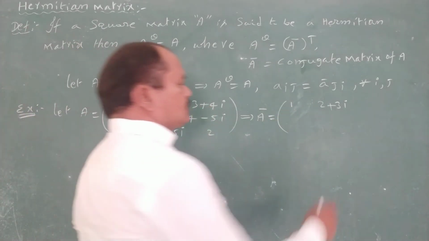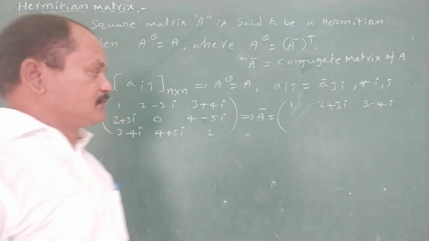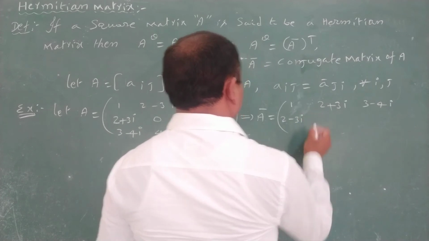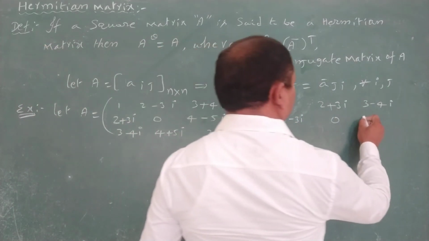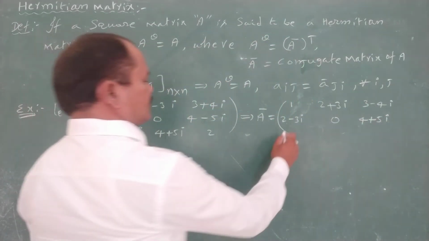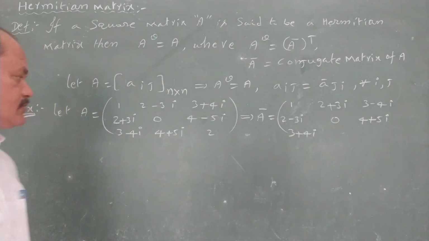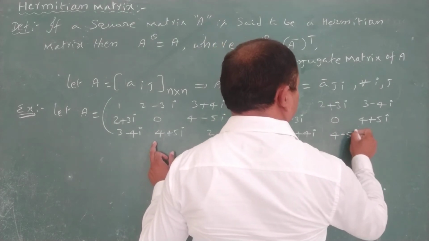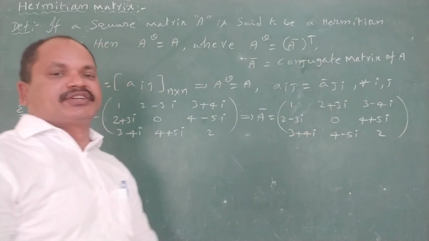Here it is 3 minus 4i, here it is 2 minus 3i, here it is 0, here it is 4 plus 5i, here it is 3 plus 4i, and since we have to write the conjugates, here it is 4 minus 5i, here it is 2. This is the conjugate of the matrix.